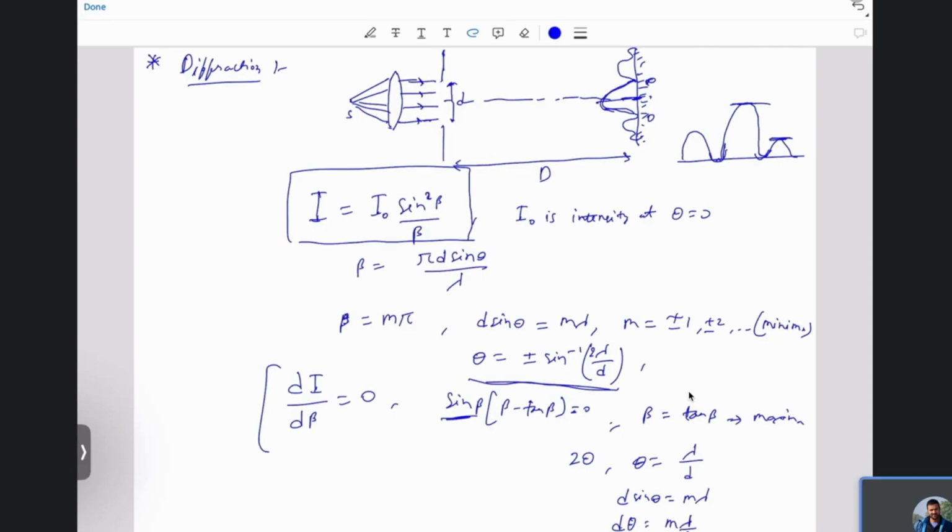So for the first minima, m equal to 1. So theta equal to lambda by d, yes, you're right. So simply the distance between the two minima will be just 2 lambda by d, right?